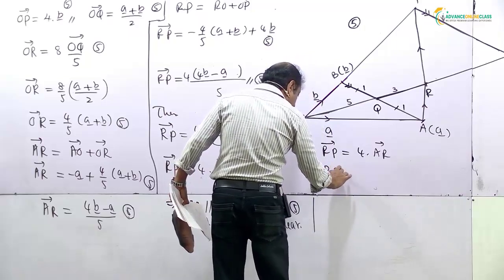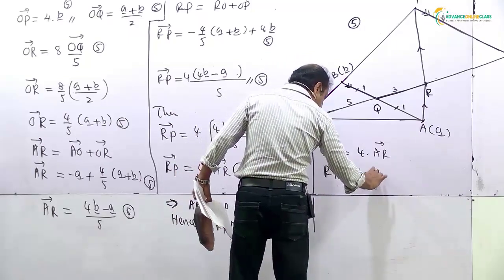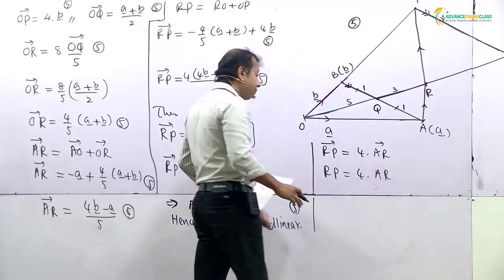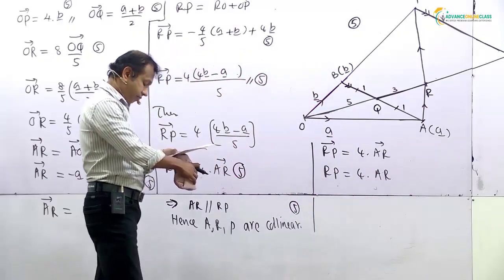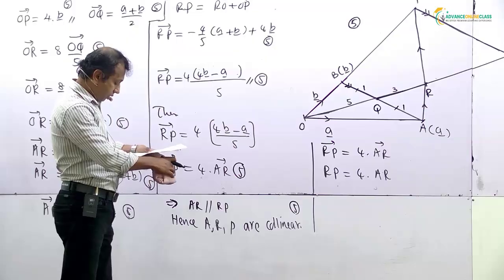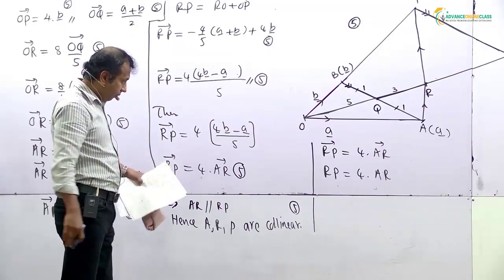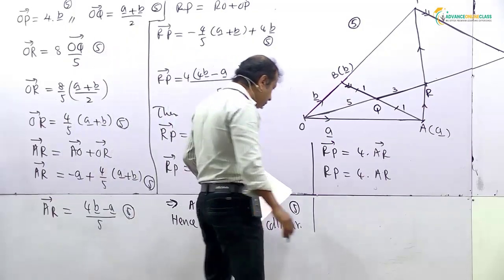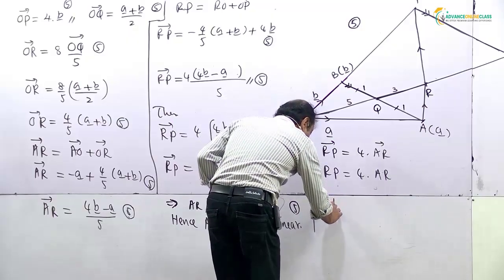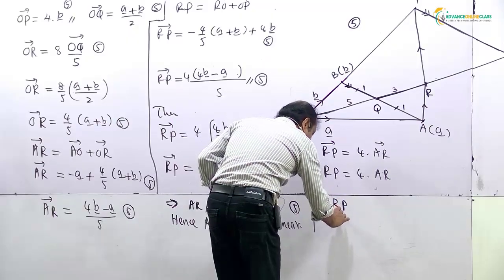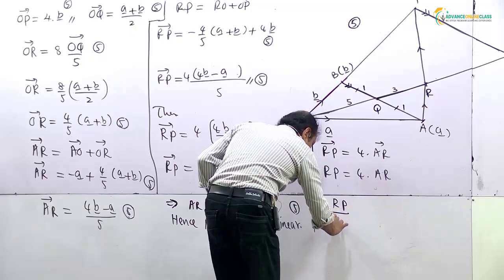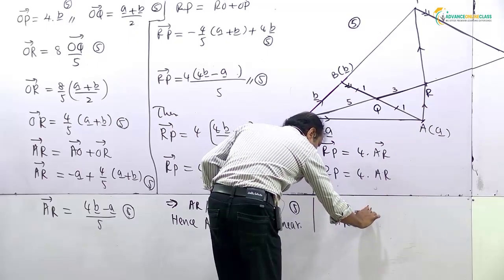When two vectors are equal, left and right, the sizes are also equal. All right, then we can take here: what is this ratio? RP, bring this AR here, divided by AR equals 4/1.